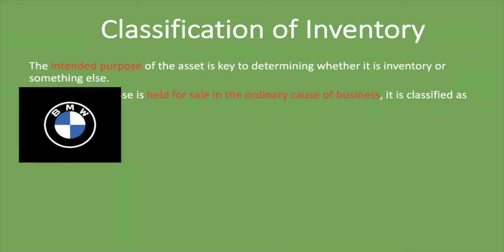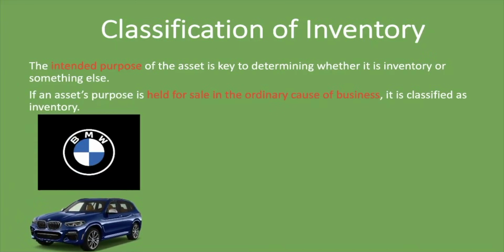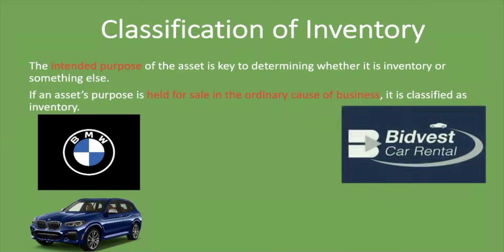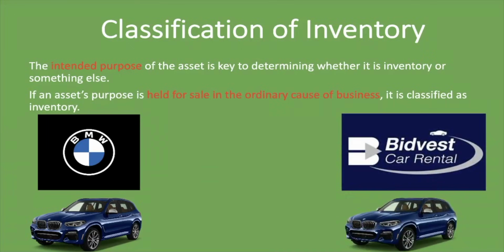The first one we're going to look at is BMW. What does BMW have? Well, the company has BMWs, and we're talking about cars here. And the second company we're going to look at is a rental company like Bidvest Car Rental. What do they have? They also have BMWs. Now, what will these two companies classify their cars as?